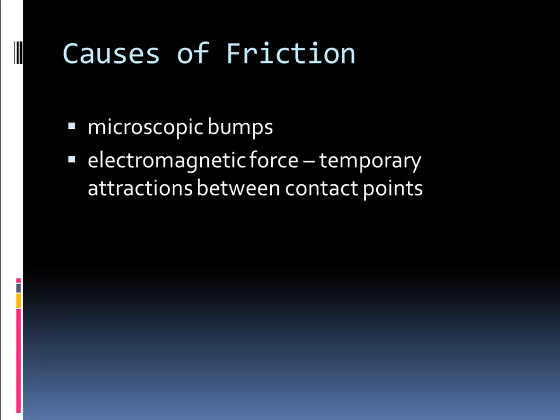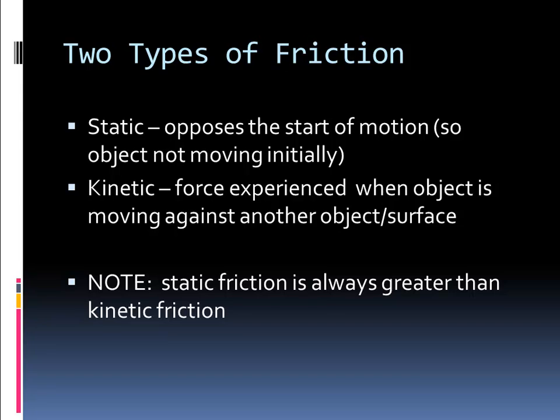There's some evidence that leads us to believe so, but nonetheless, we just don't have enough to really say one way or the other as to what causes it. There are two types that we do know of, though. One type is static, and that opposes the start of motion. So that's if you have an object at rest, static friction is keeping it there, so it's not moving initially.